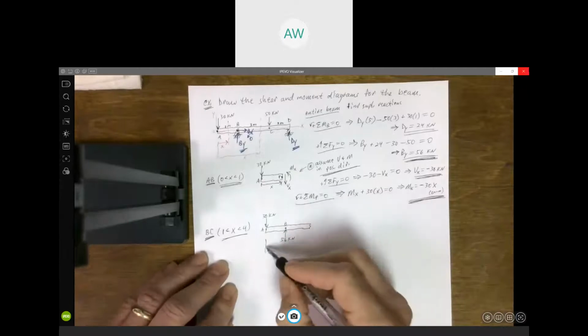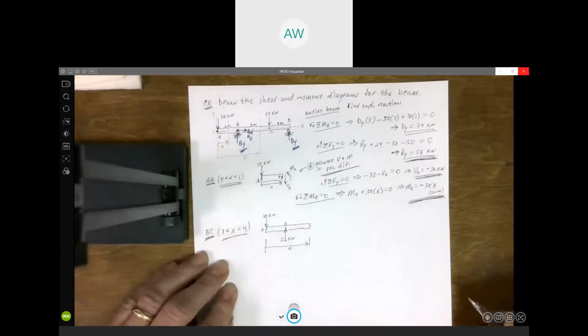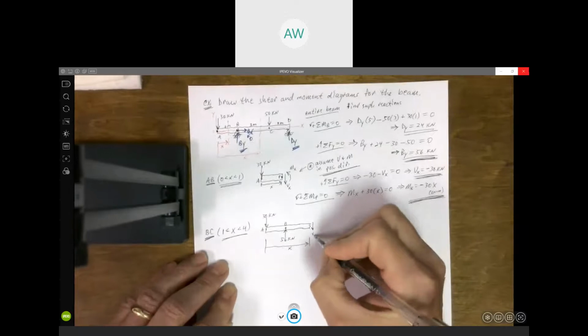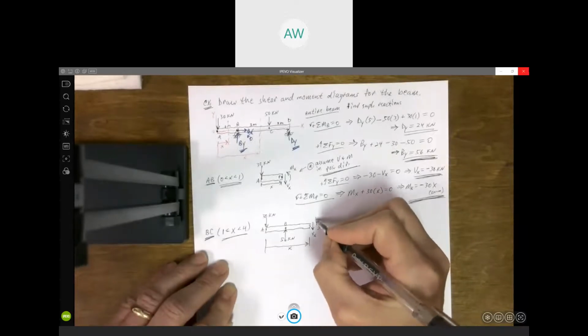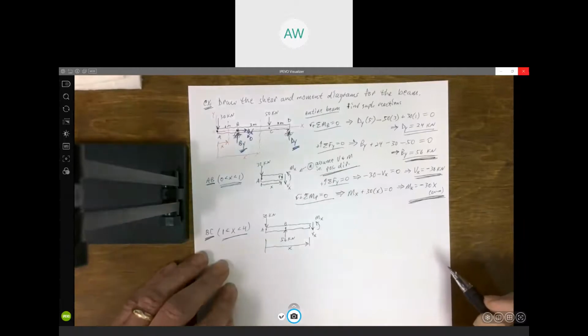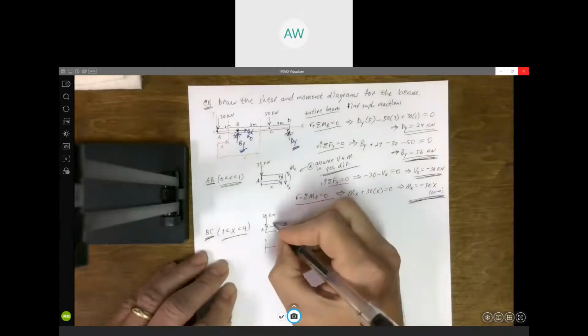And again, we're looking at this arbitrary distance x from that left end. And we want to find what is Vx, what is Mx. Again, I'm assuming positive directions here. Now, as far as dimensions go, between A and B is 1 meter.